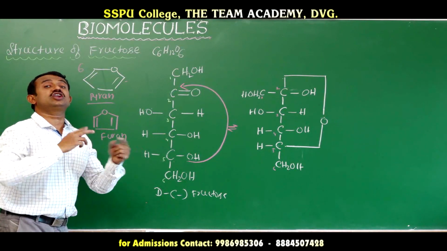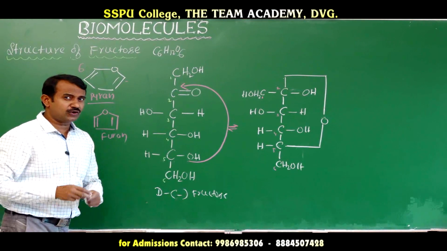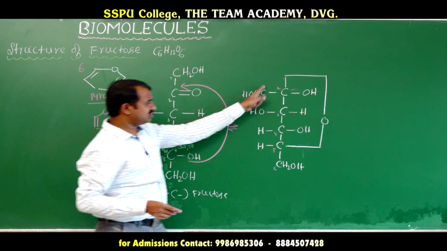Glucose is a pyranose, fructose is a furanose: alpha furanose, beta furanose. This is an oxide linkage.